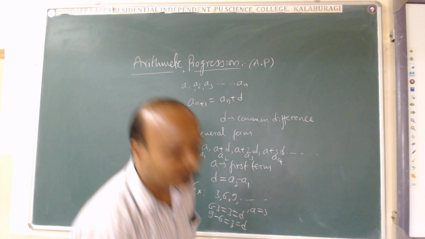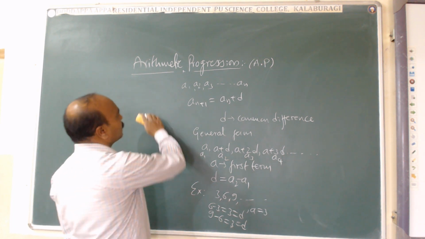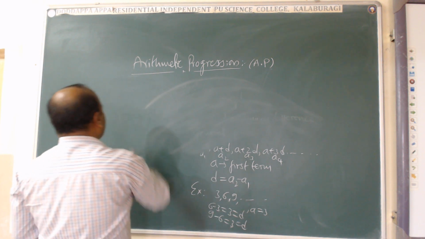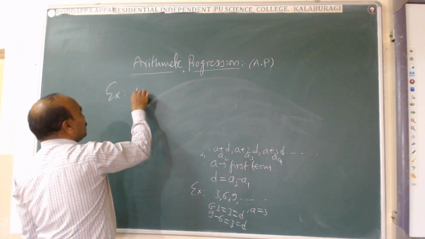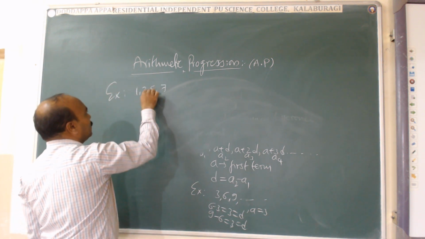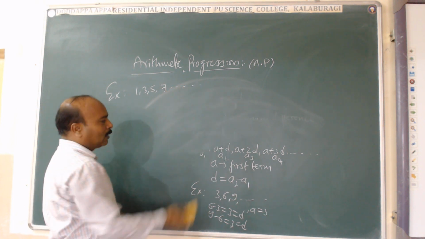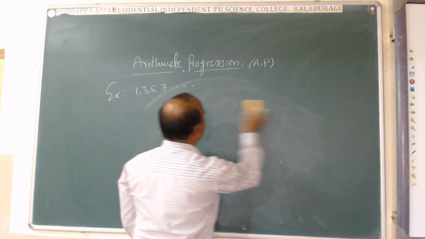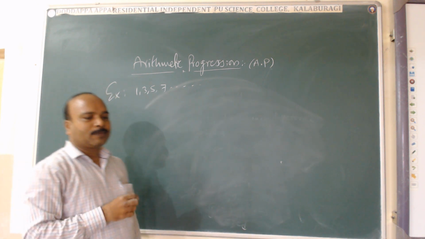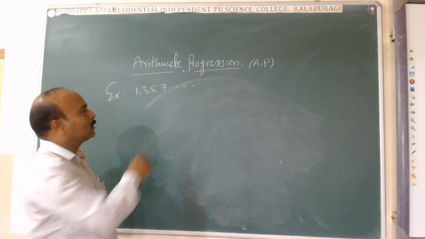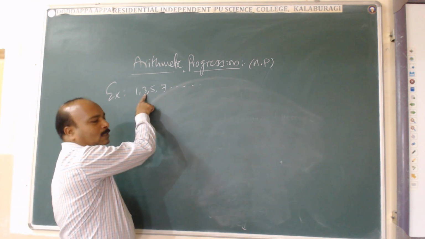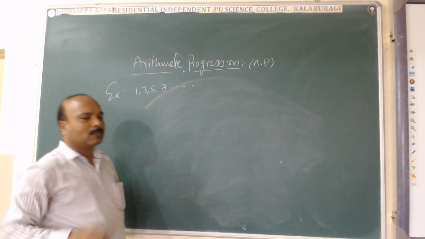Now we go for another example. Suppose you take 1, 3, 5, 7, and so on. It is also an arithmetic progression, because here we observe that the difference of two consecutive terms is constant: 3 minus 1 is 2, 5 minus 3 is 2, and 7 minus 5 is also 2.